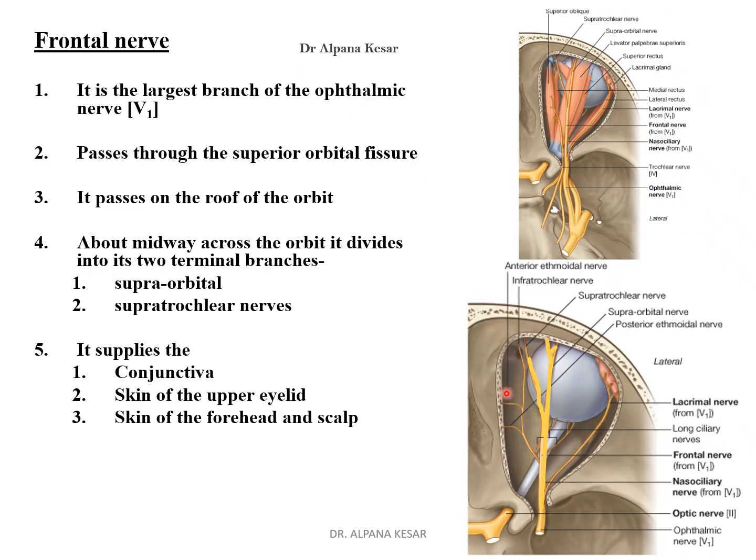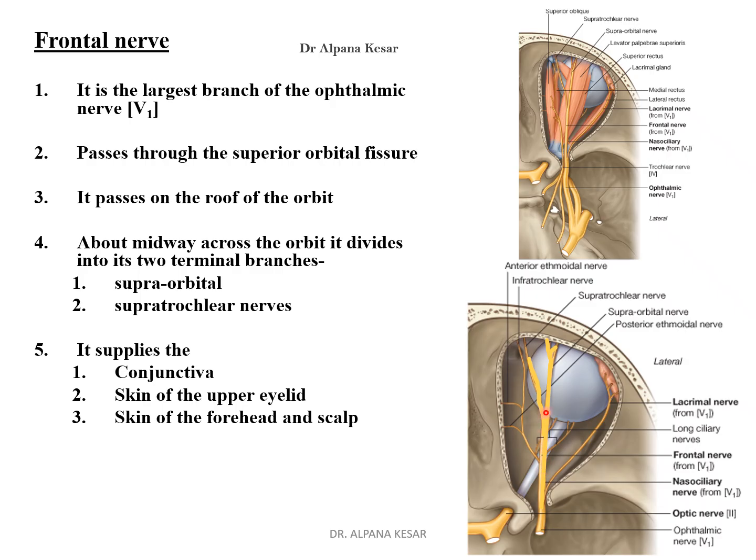Frontal nerve. This is the frontal nerve. Frontal nerve is one of the three subdivisions of the ophthalmic nerve, and it is the largest of the three branches of the ophthalmic nerve. It passes through the superior orbital fissure. After that, it traverses through the roof of the orbit.